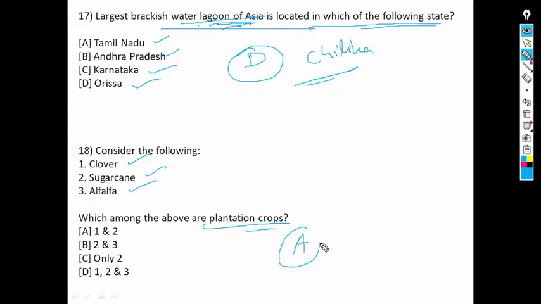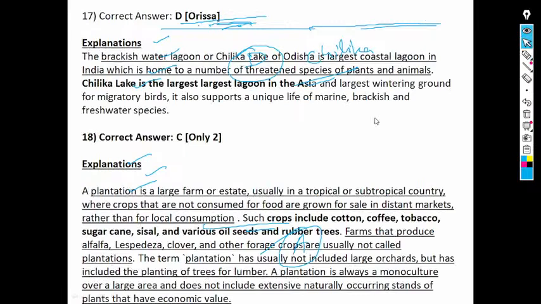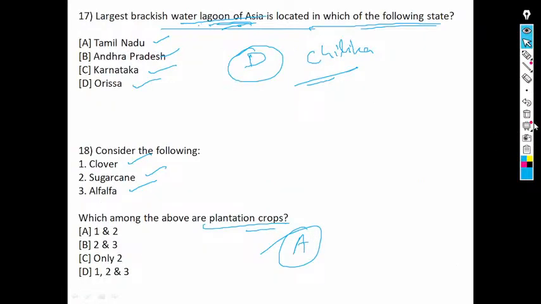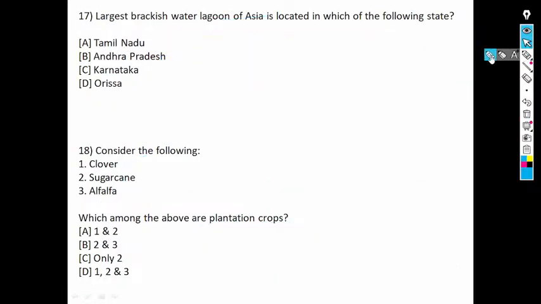So it is answer A. It is clover, sugarcane. I'm sorry, it is only 2. Sorry, it is sugarcane only.